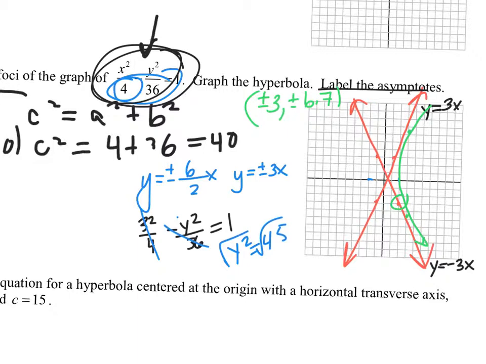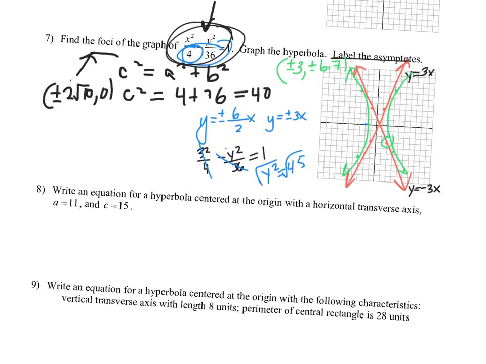So just be more careful, and I go left 3, up 6.7, and left 3, down 6.7. Okay, just be more precise. I can see what I did with my slope sloppily. I should have gone down 3, right 1. I went down 3, right 2. I moved it over.